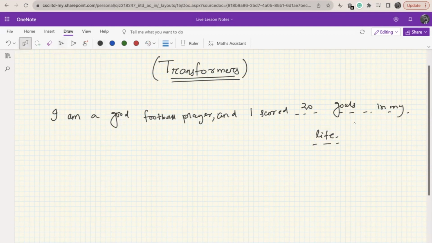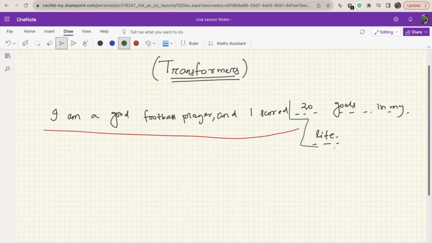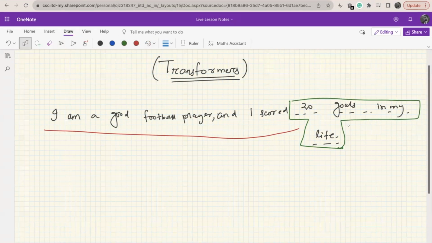Let's say this part is given, and this part we have to predict. So let's say, I'm a good football player and I scored this one.